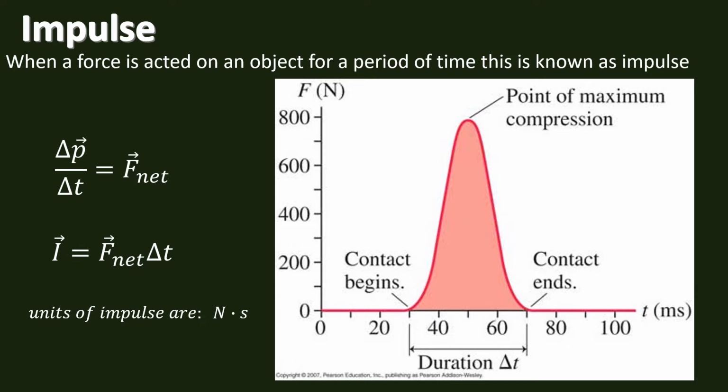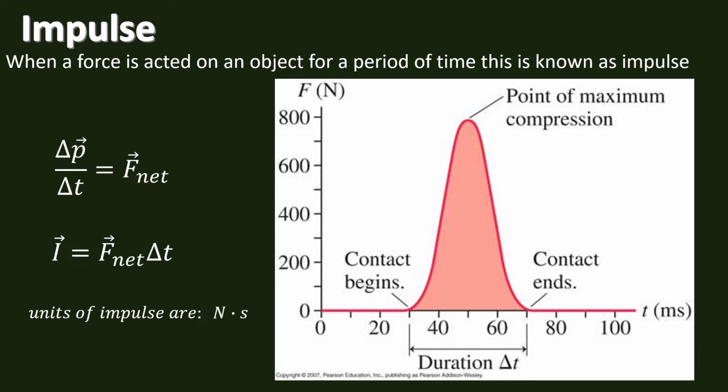So here we see a force versus time graph, and during a duration, this could be milliseconds, microseconds, we have this impulse. And it's really just the amount of force that's happening in this time period. So we have a point of maximum compression.